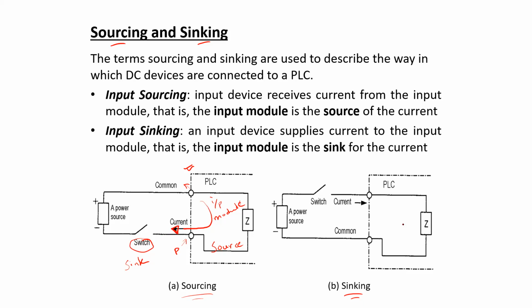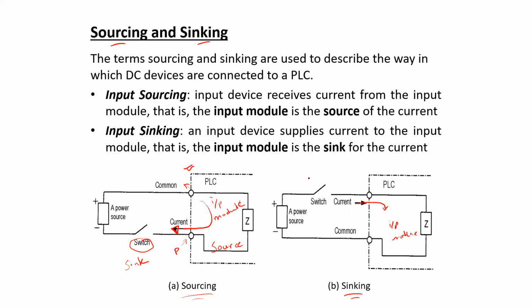On the other hand, if the connection is done in this manner, where the current flows through the switch towards the input module, then the input device is passing the current towards the input module.